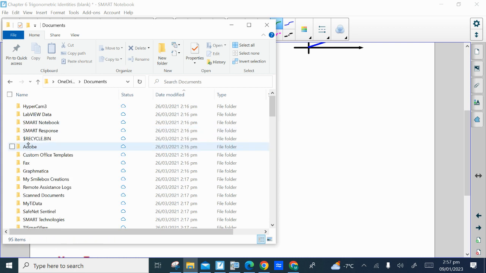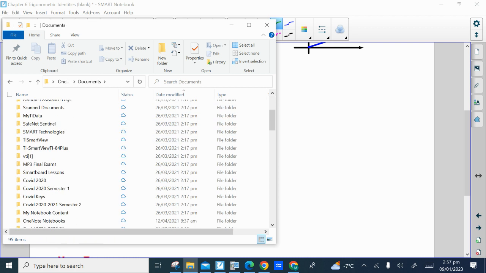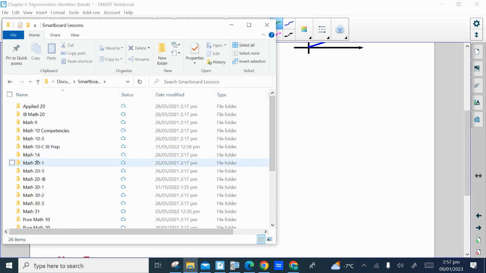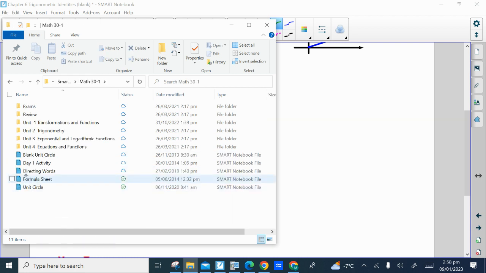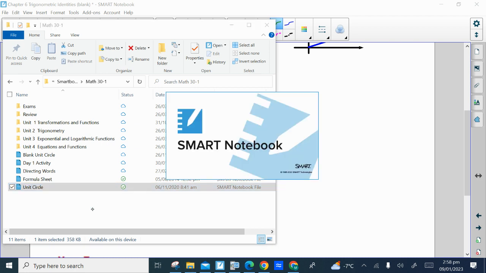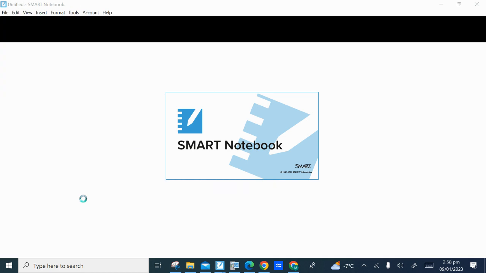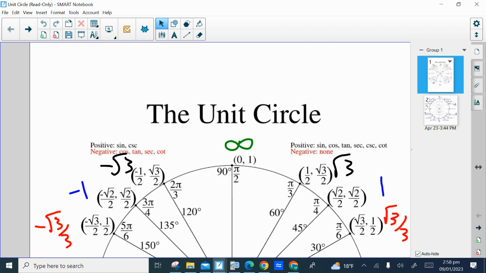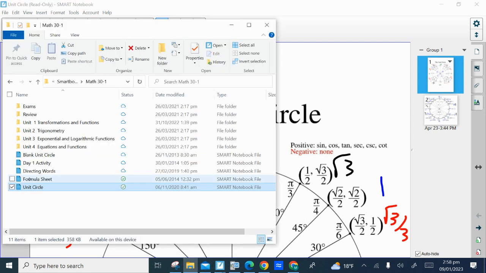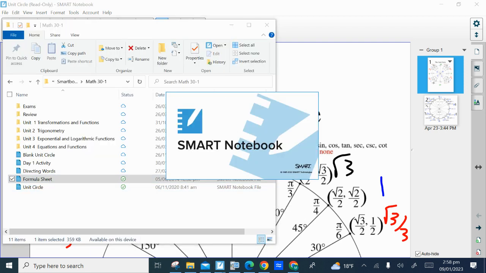So let's open up that formula sheet just to confirm that. Oh, I hit the wrong thing. I wanted the formula sheet, not the unit circle. There we go.